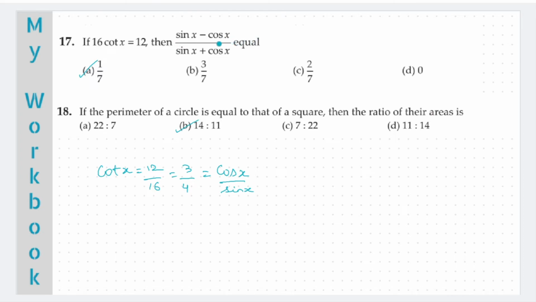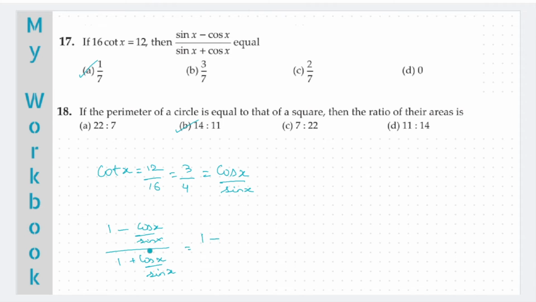Imagine if we divide the numerator and denominator by sin x, what will happen? You will have sin x by sin x, which is 1 minus cos x by sin x. And in the denominator again, sin x by sin x will become 1 plus cos x by sin x.